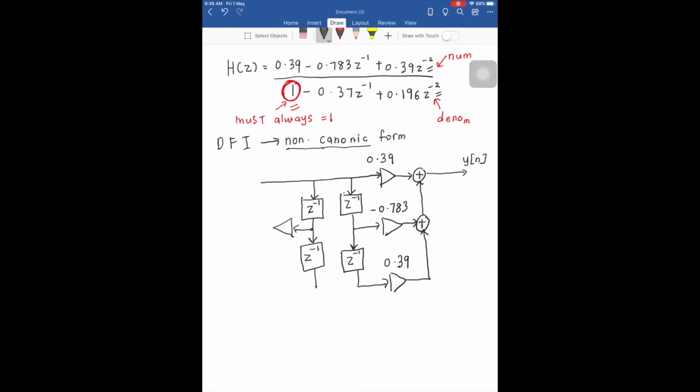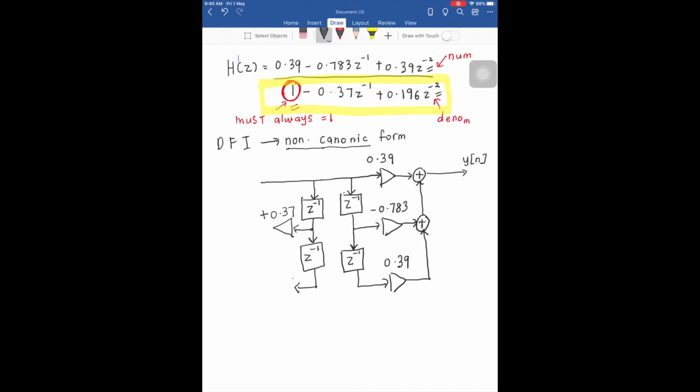Basically, the denominator is in the reverse direction of the numerator, so we have the reverse value. Instead of using negative 0.37, now this value is positive 0.37, to show that it is in the reverse direction.